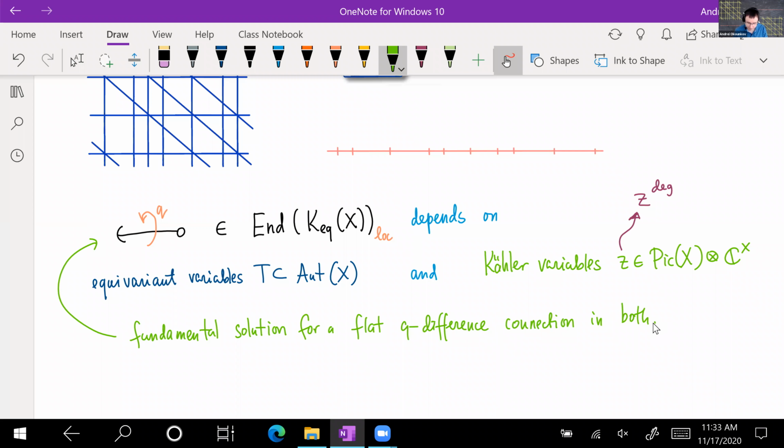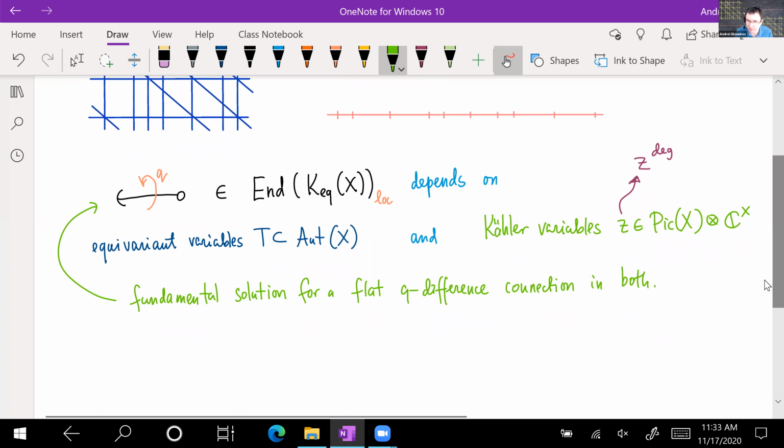in both sets of variables. And so our goal today is to identify a particular direction in that connection. Inside of T, we will choose A. So if I have a torus, all my varieties are such that the symplectic form is unique up to multiple.